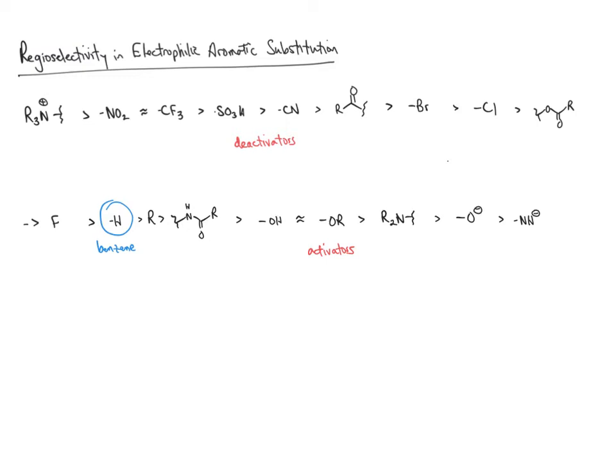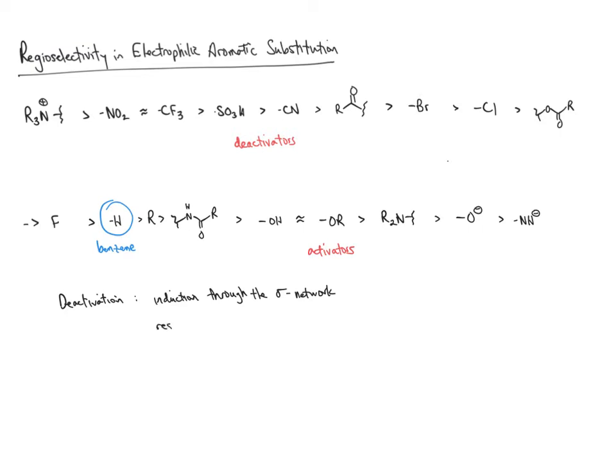And so why is something deactivating and why is something activating? Okay, so deactivation occurs when you have induction through the sigma network. Right, so the examples of this would be bromine and chlorine and fluorine and trifluoromethyl.